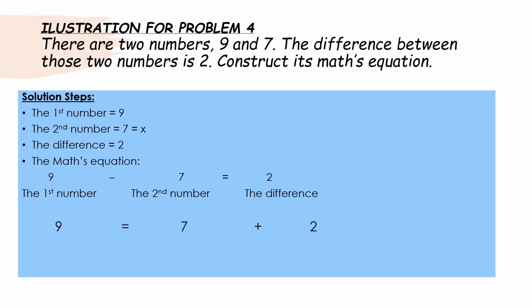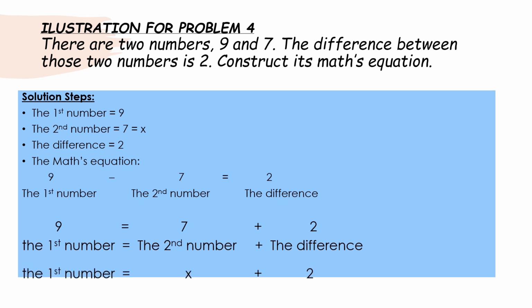What if we change the math equation into 9 equals 7 plus 2? Is that correct? Yep, that's correct. And here 9 is the first number, 7 is the second number, and 2 is the difference.